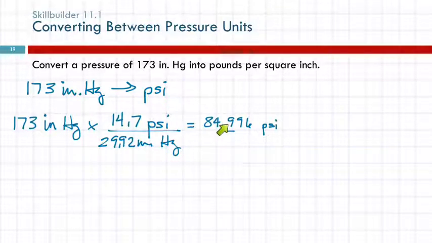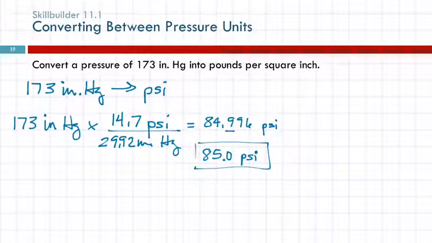When I round this, the 9 rounds up to a 10, which rounds this up to a 5. But I don't want to say 85 because now I've only got 2 sig figs. It needs to be 85.0 psi. Questions?